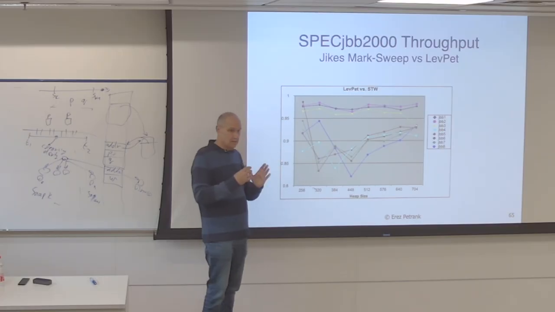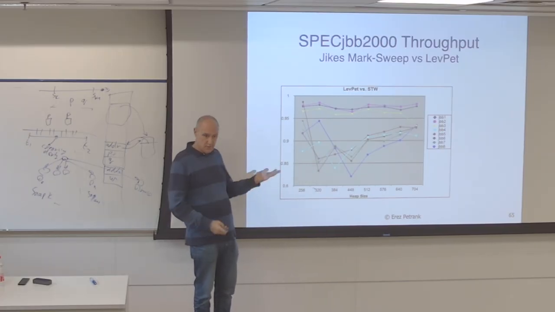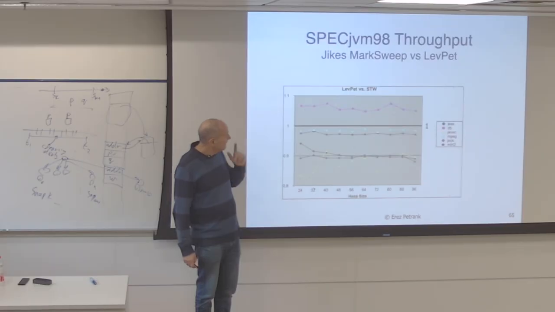So you win in the short pauses, but you lose in the throughput, which makes sense. So this is it for SPECjbb.